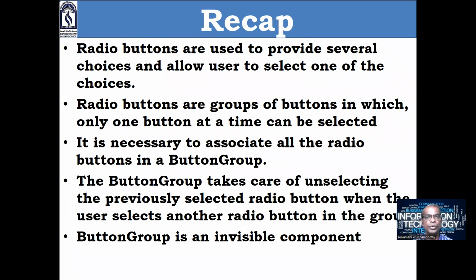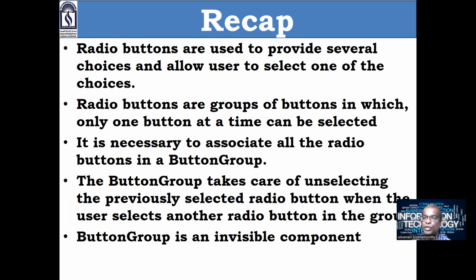Radio buttons are used to provide several choices and allow the user to select one of the choices. Radio buttons are a group of buttons in which only one button at a time can be selected. It is necessary to associate all radio buttons in a button group. So we created one button group, radio button 1 male, radio button 2 female.